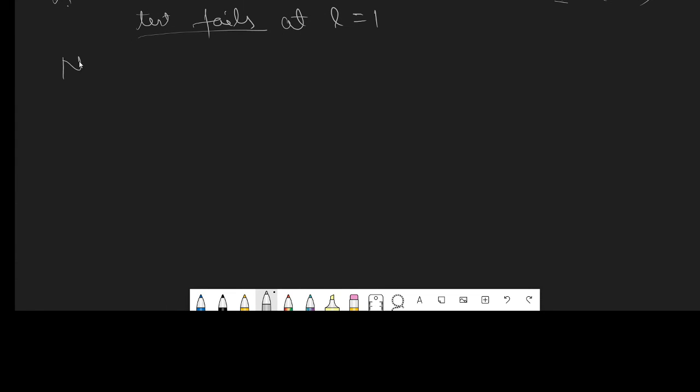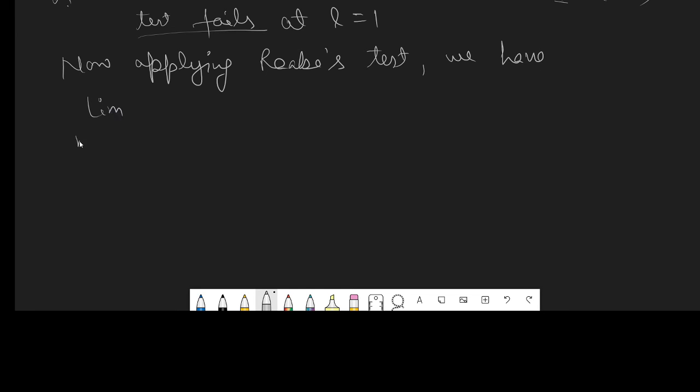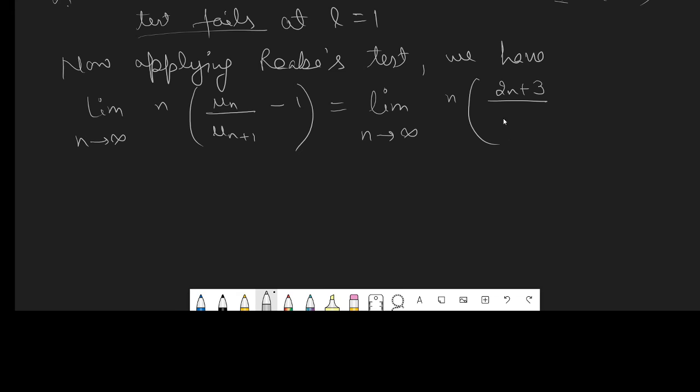So Raabe's test: we have limit n tends to infinity n (un divided by un plus 1 minus 1). So it will be equal to limit n tends to infinity n (2n plus 3 divided by 2n plus 2 minus 1).